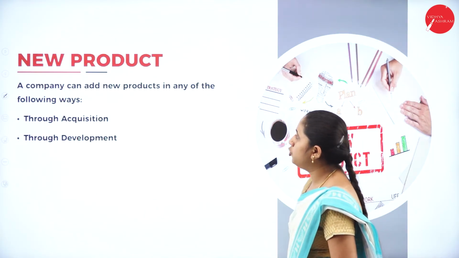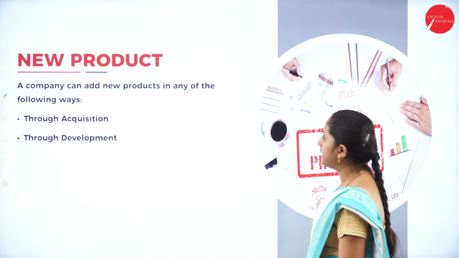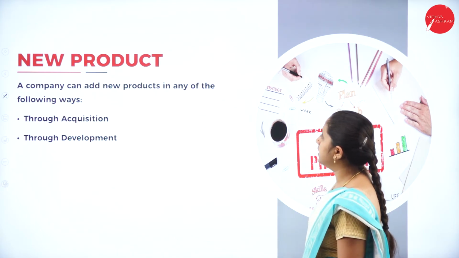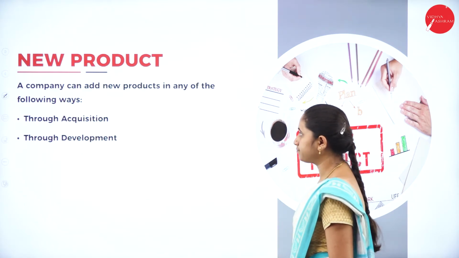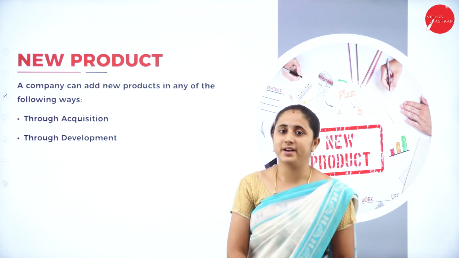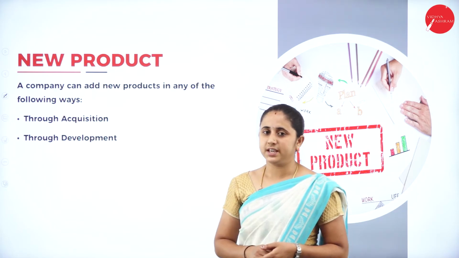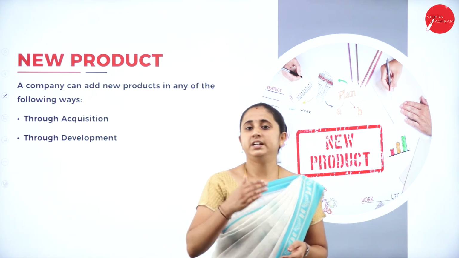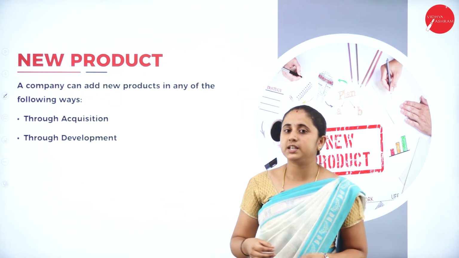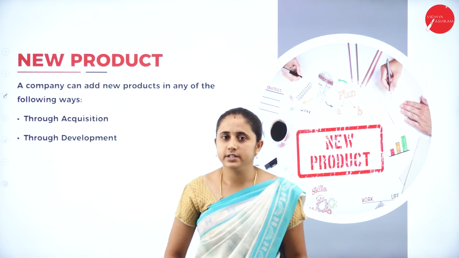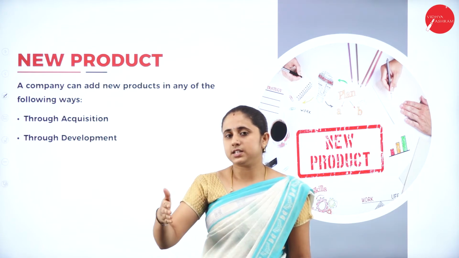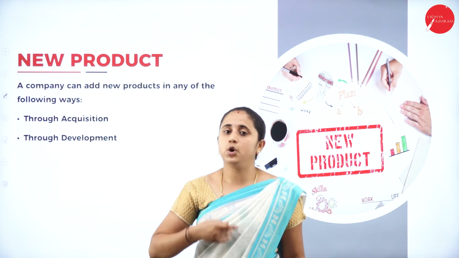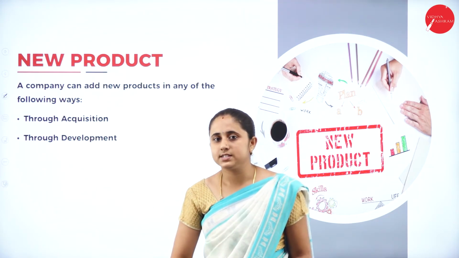Next, new product. A company can add new products in any of the following ways. First, what is a new product? While explaining the product life cycle, I explained new product. New product means an entirely new product, that means entirely new to the world, or else any modification or innovative feature for an existing product.